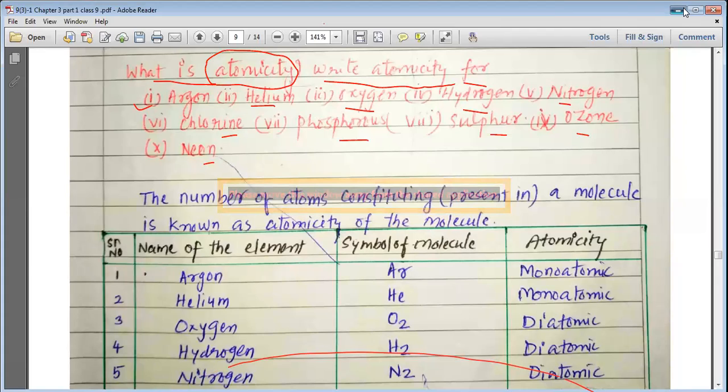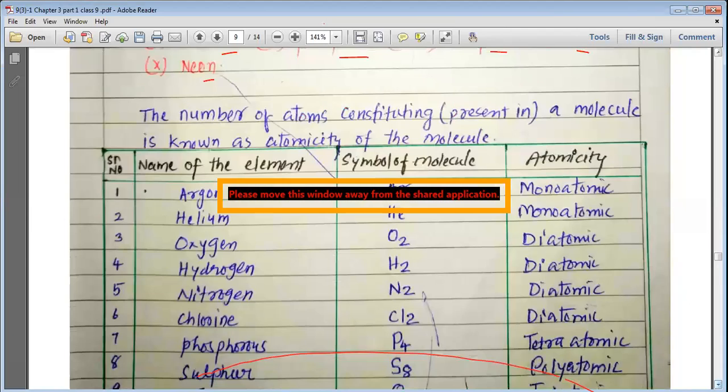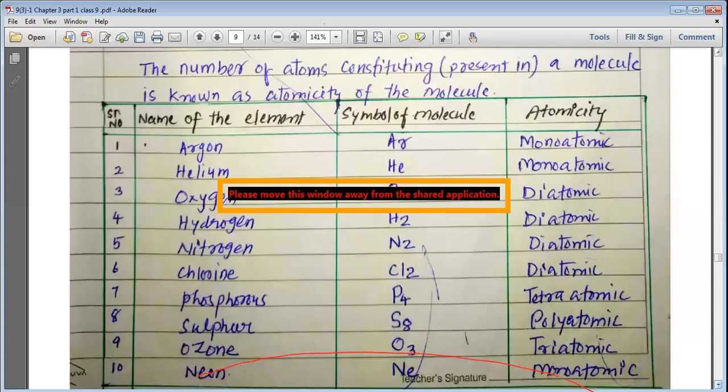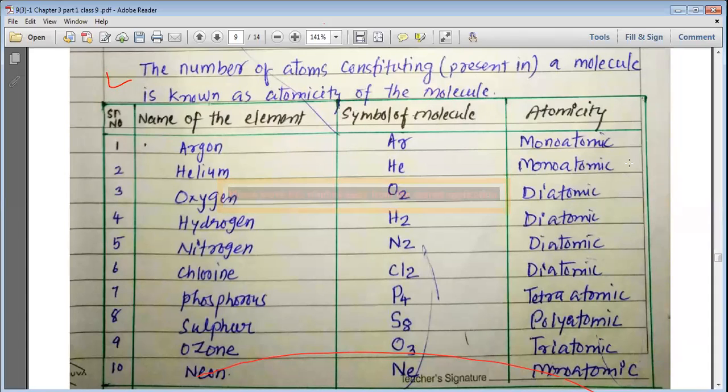Atomicity is the number of atoms constituting or present in a molecule. It is known as the atomicity of the molecule. Once again, the number of atoms present in the molecule is known as atomicity.